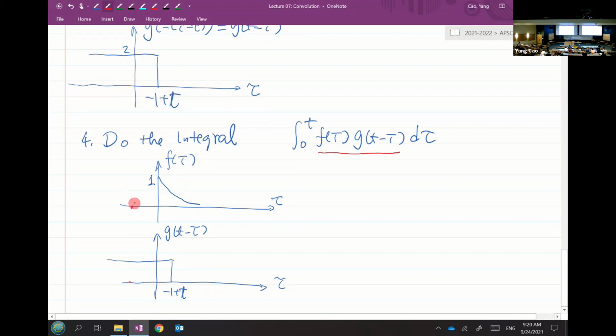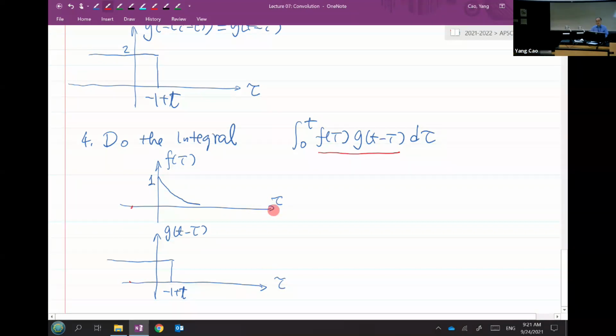Then I get the value of the multiplication at this point tau, right? Same thing for every possible value along this horizontal axis: multiply them all out, and you produce the resulting multiplication.